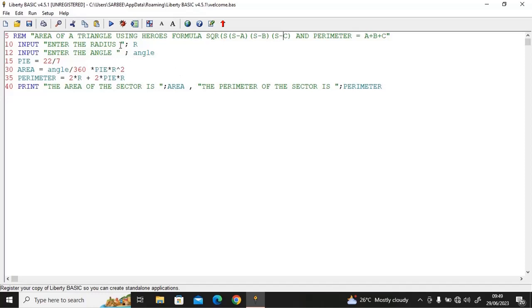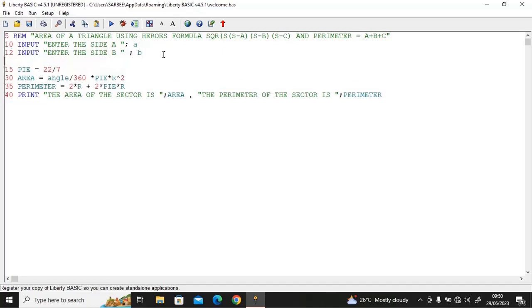So I'm going to need 3 variables here, right? The 3 variables are: enter the side A, so it's going to be small a. Then enter the side B, it's going to be small b. So we still need C also. So let me make this one 14.